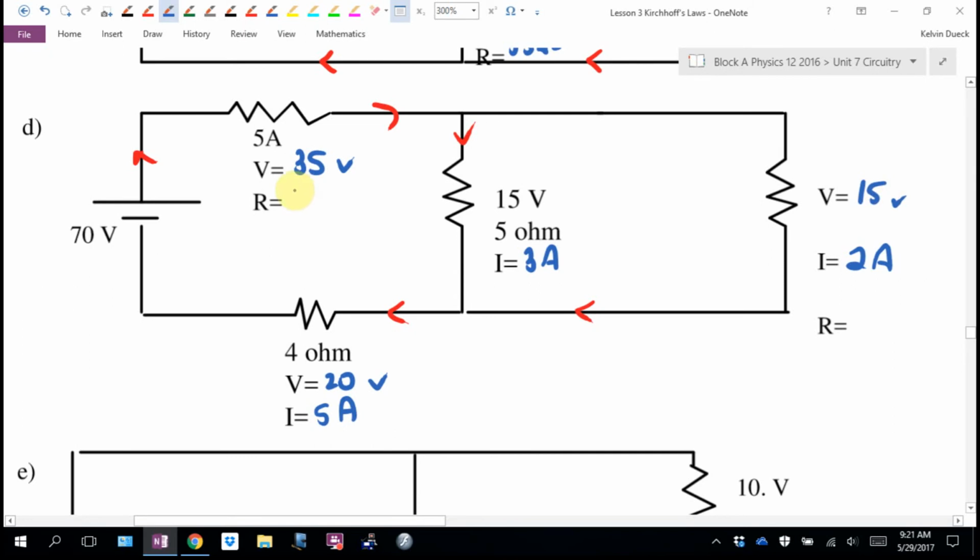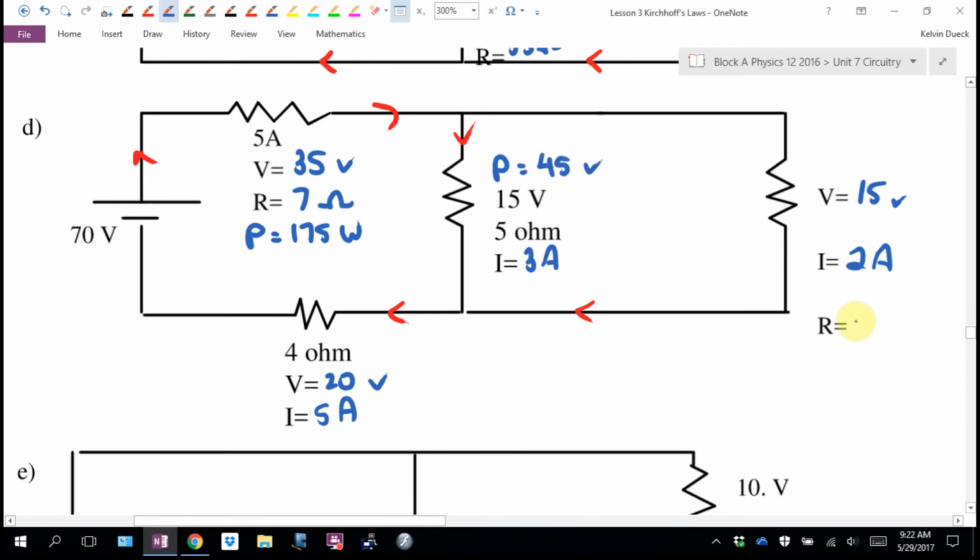The resistance is going to be V over I. This is a 7 ohm resistor. And the power is going to be 35 times 5, which is going to be 150 plus 25. So 175? Yeah? Watts. Here, the power loss going through here is V times I, 45 watts.